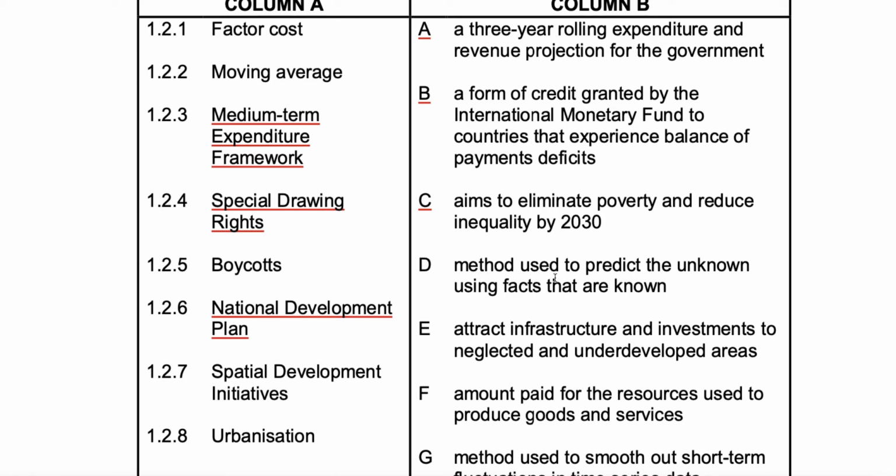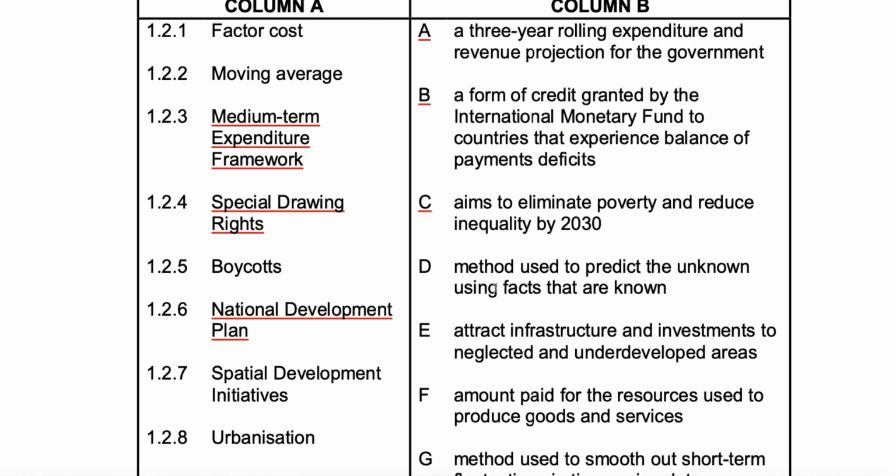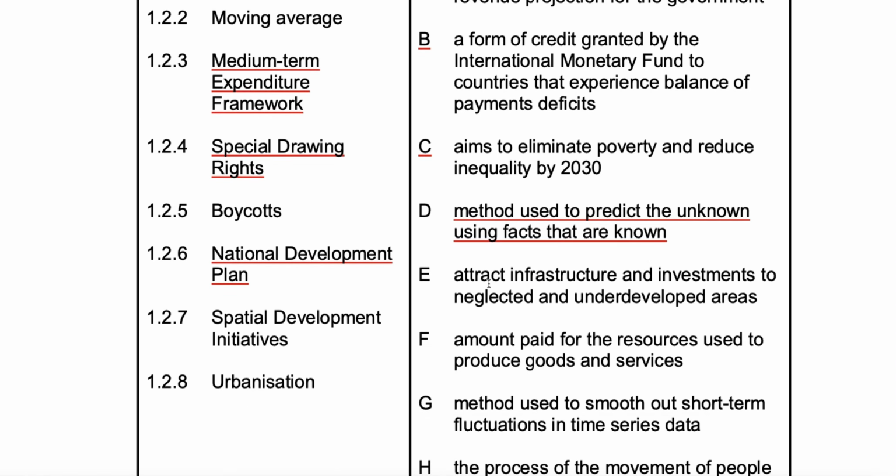So Elena could think that moving average is this, but the answer here is extrapolation, and extrapolation is not one of the terms in column A. So this one is out. Let me just underline it to say it's not part, because the rest I'm underlining the letter. So this one is out, so don't even think of it.